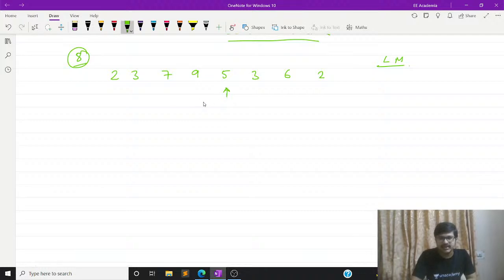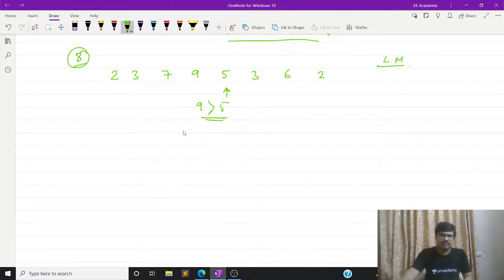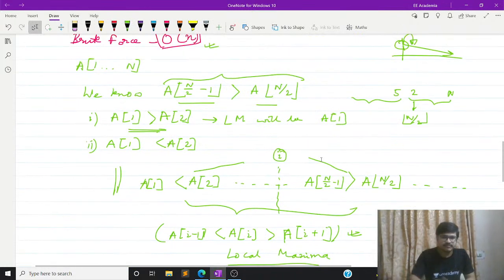So I see that the previous element of the middle element, this 9, is greater than 5. So what can you do? Now we know that since 9 is greater than 5, there must be a local maxima in the left half. Why? Because we have seen this, right?